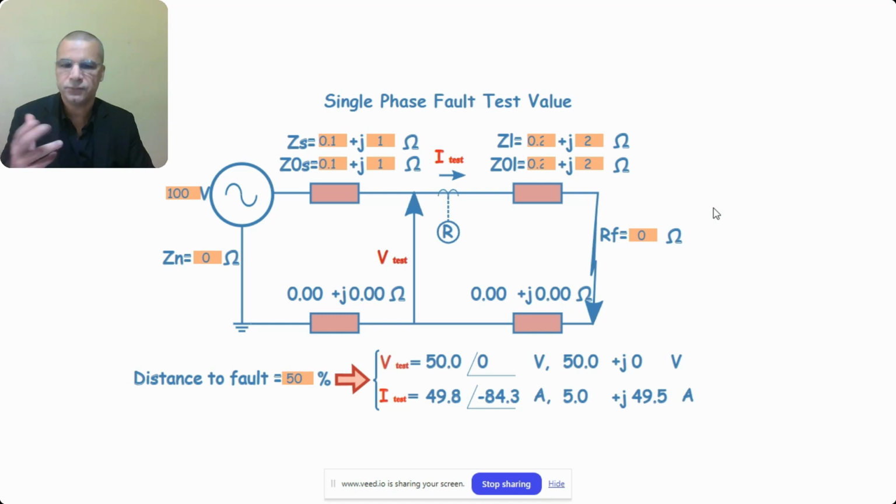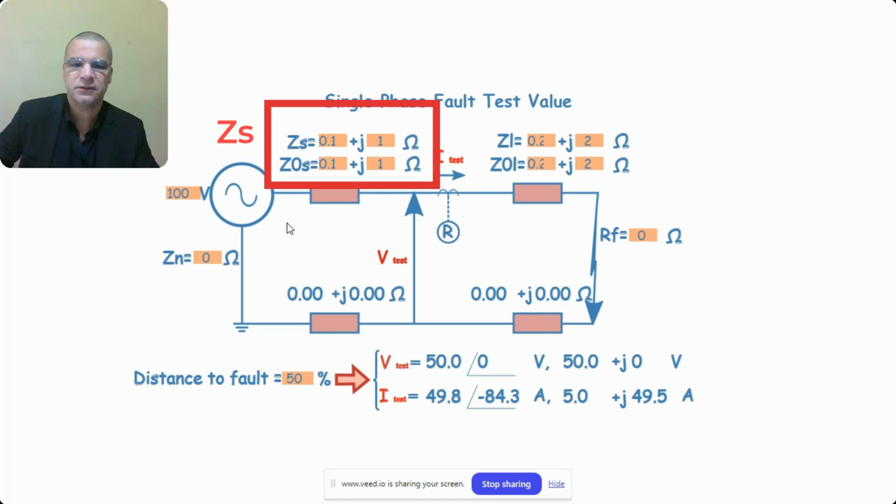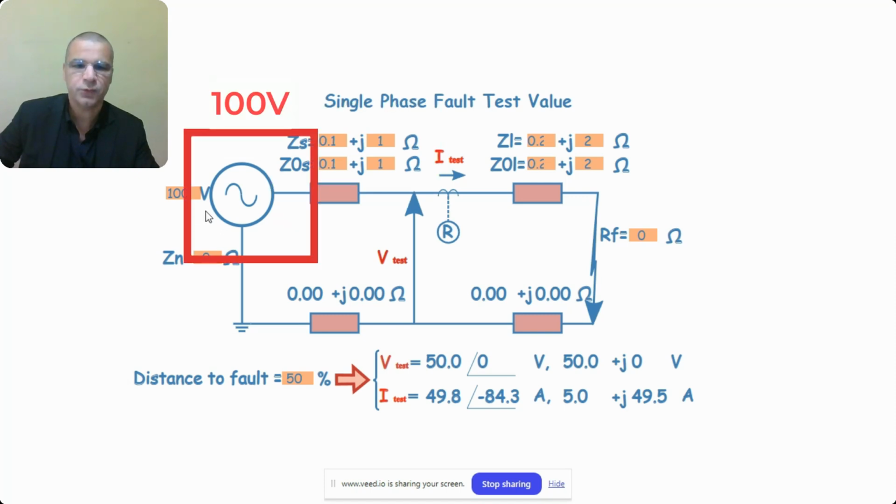So when you have limited output, you could make use of this tool to quickly calculate the voltage and the current that you'd need to inject to test. Here you've got some default values. You can see a source impedance on the left-hand side, and the source with the voltage at 100 volts.